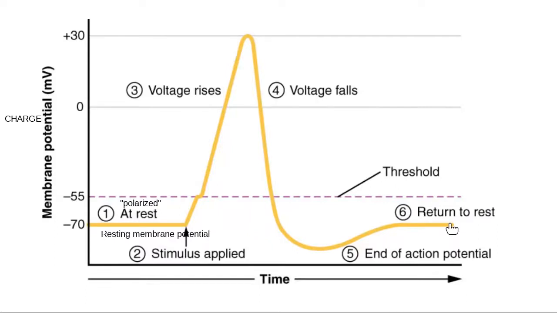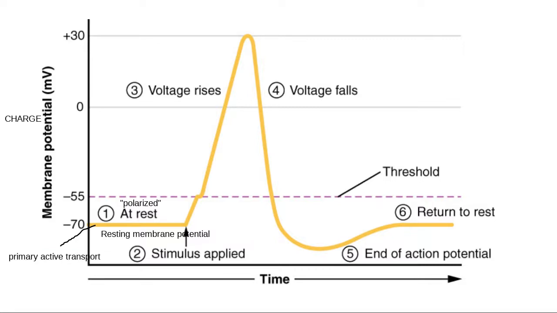So some of the things that we just talked about, making the cell polarized, making the cell be at -70, how we get here is using primary active transport. So let me make that note over here. Primary active transport is what helps us to be polarized.